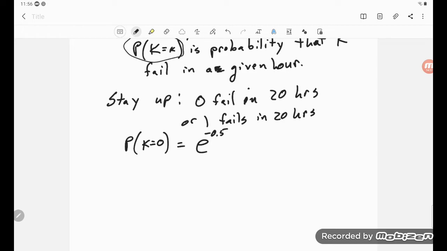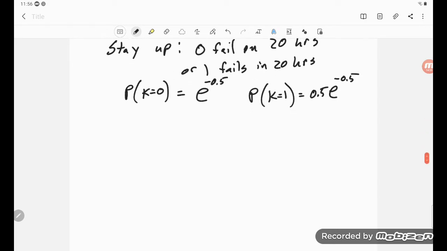And then our probability that k equals 1 is equal to 0.5 e to the minus 0.5. Okay, so we get that for our two probabilities.